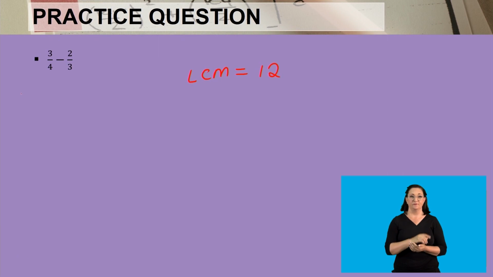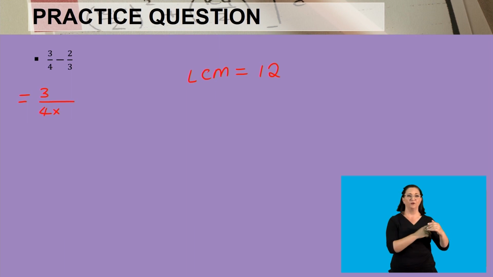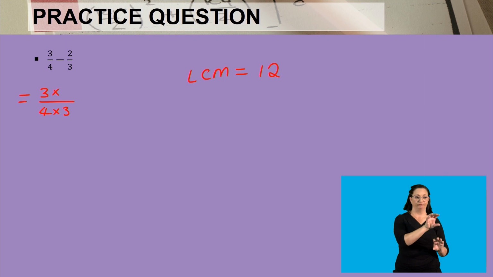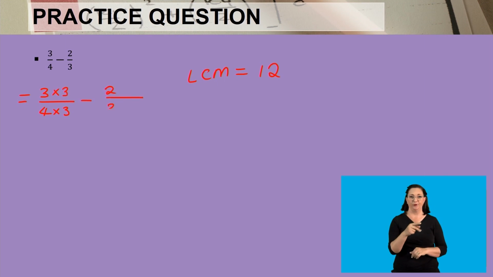So we need to get both of these numbers to have a denominator of 12. And we are going to do this by multiplying our denominator 4 by 3. And if we're going to multiply by 3 in the denominator, we are going to do the same thing for the numerator. Again, with the 2/3, we are going to multiply the denominator by 4. Why am I multiplying by 4?